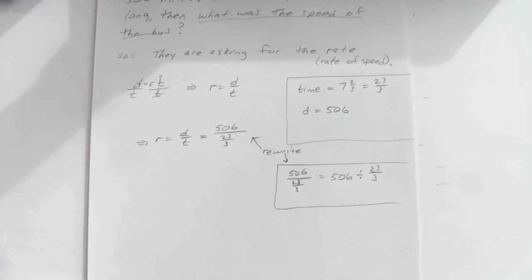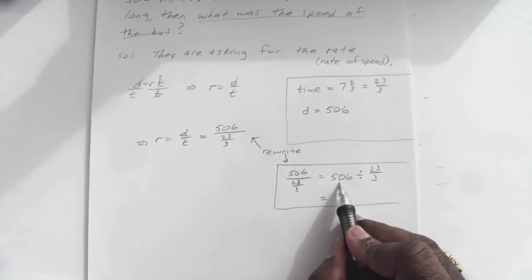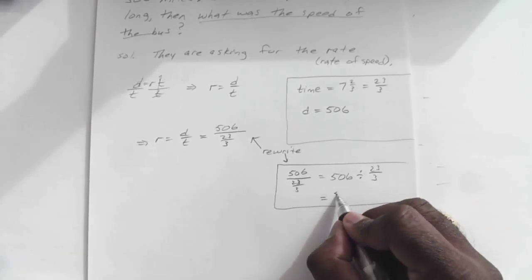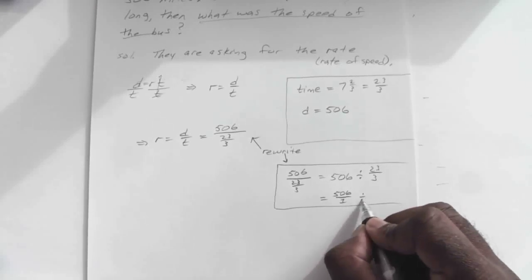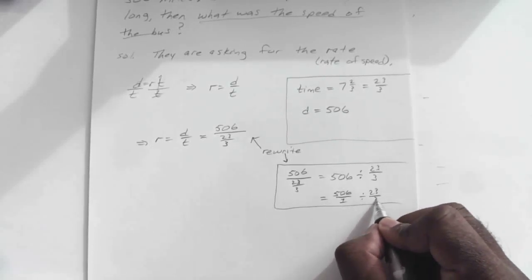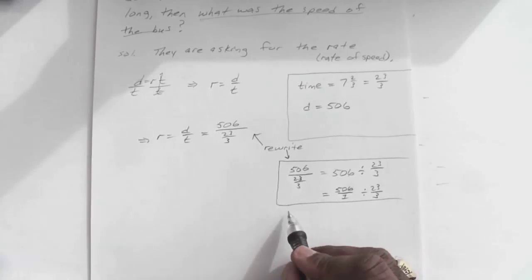Okay. So that's why you want to put it as an improper fraction, because now 506, you're going to make that 506 over 1 divided by 23 over 3. So this way we can just divide our fractions. Okay. Remember the rules for dividing fractions.